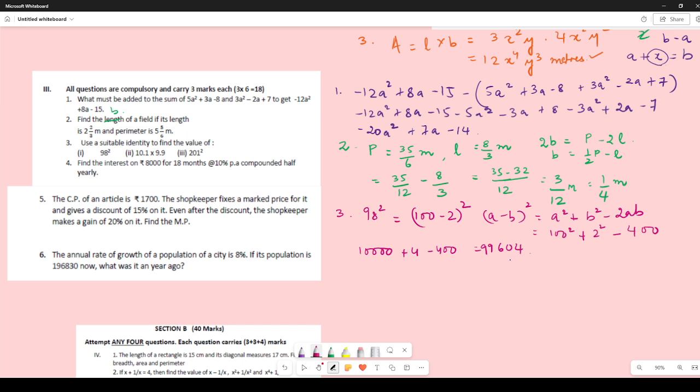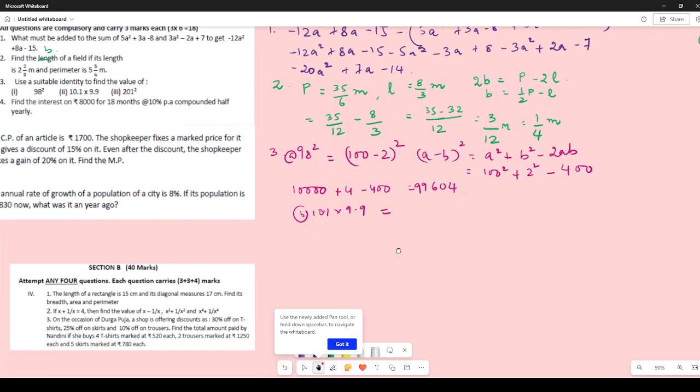Now for the next one, which is 10.1 into 9.9. So this can be written as 10 plus 0.1 into 10 minus 0.1.